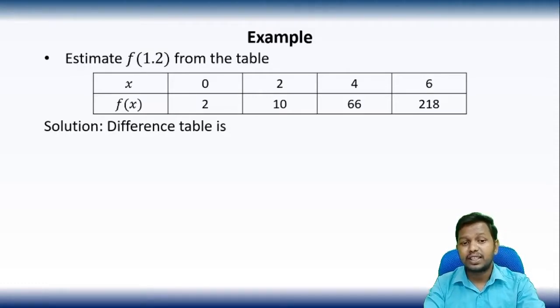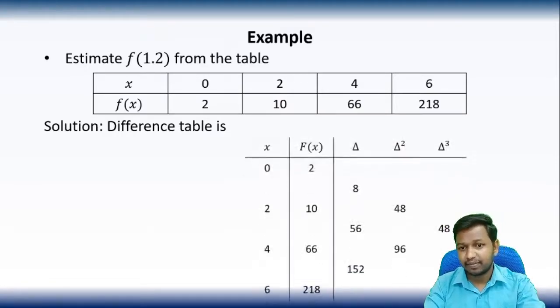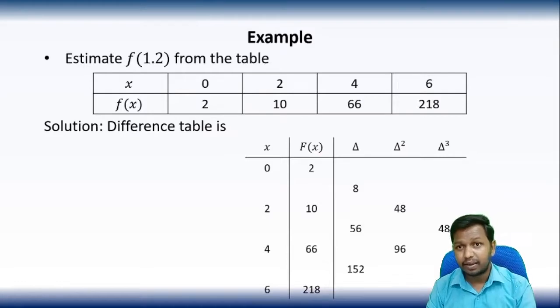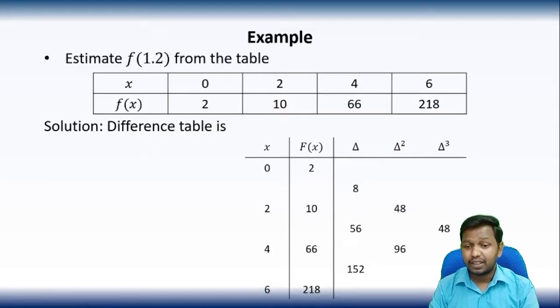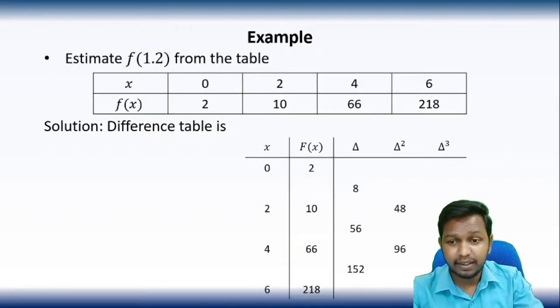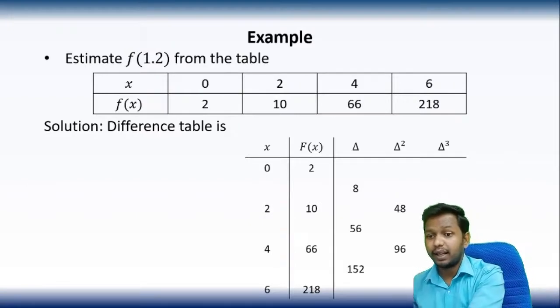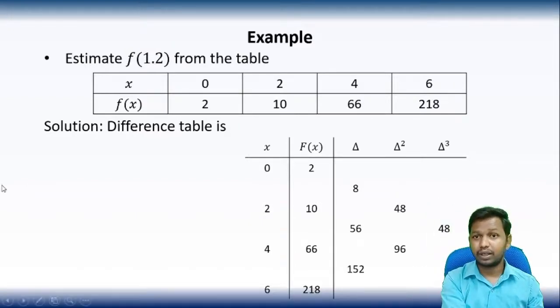First, we have to construct the difference table for the given table. In the first column we take the values of the ordinates, that is the values of x, and the next column is the functional values corresponding to the values of x, and next, adjacent to the functional values, we construct the difference values. So first we take the first difference delta, second difference delta square, third difference delta cube, and so on.